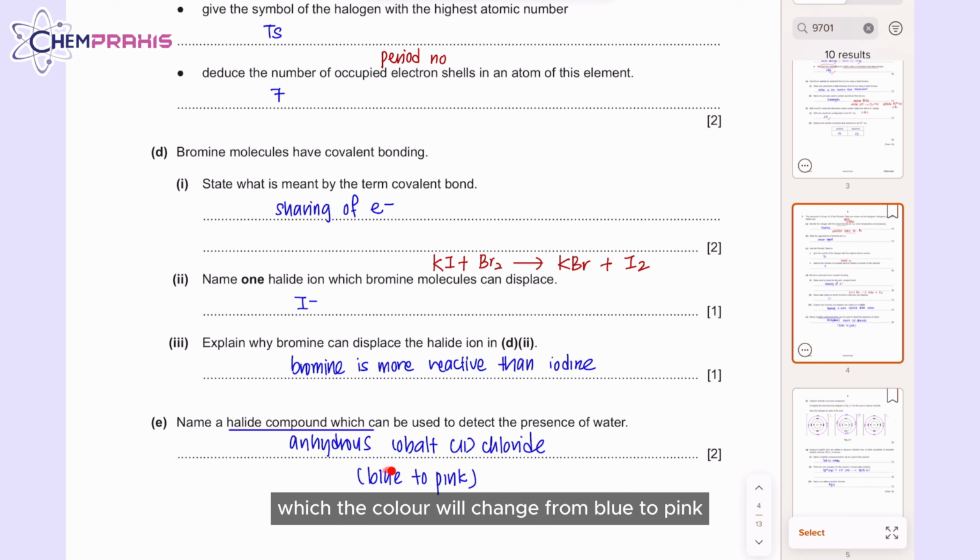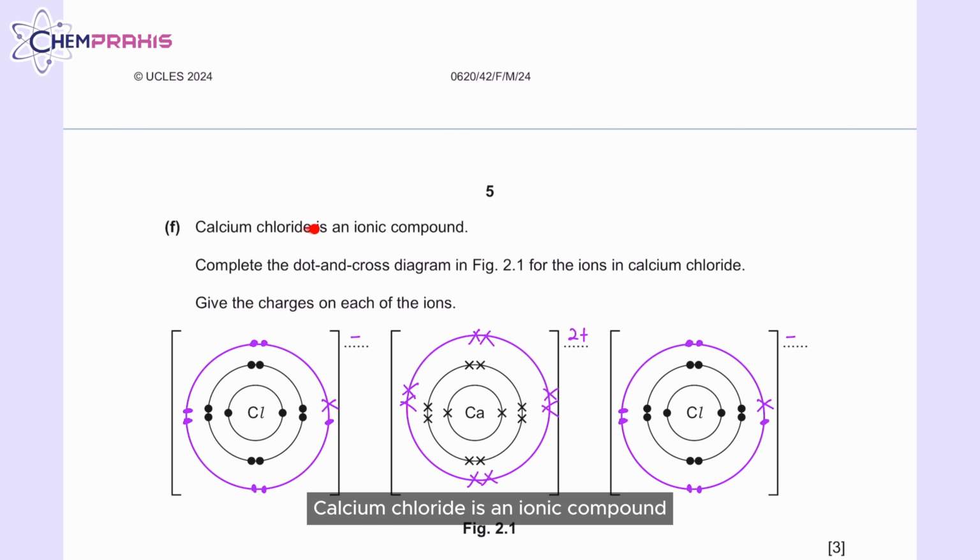Then now for question F, calcium chloride is an ionic compound. Complete the dot and cross diagram in figure 2.1 for the ions in calcium chloride. Give the charges on each of the ions. For chlorine, before that is 2,8,7. When they form chloride ion, they receive 1 electron from calcium.